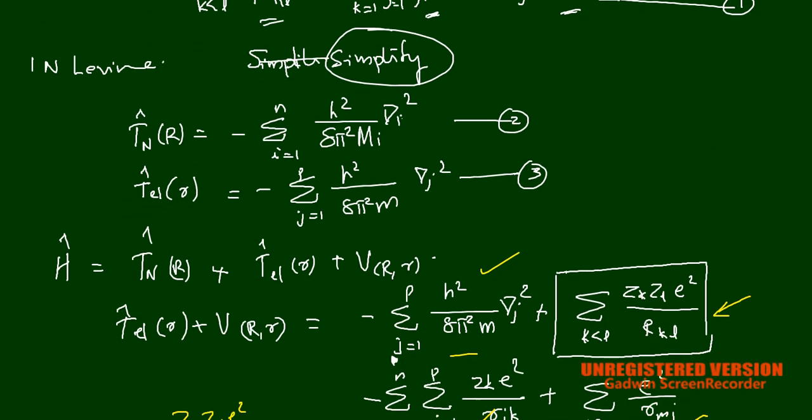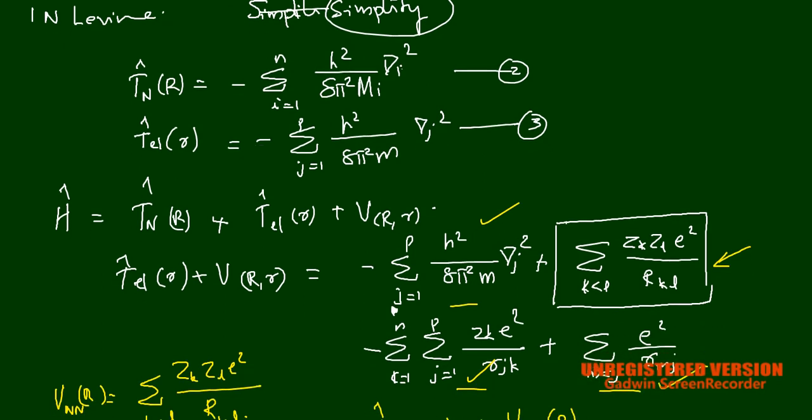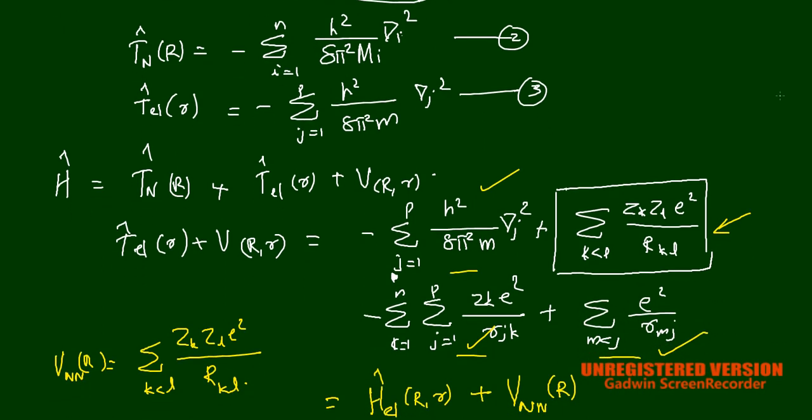And when we were discussing various parts of the Hamiltonian, the kinetic energy part for the nucleus, the kinetic energy part of the Hamiltonian for the electron, we can write it as T nuclear plus T electron plus VRR.